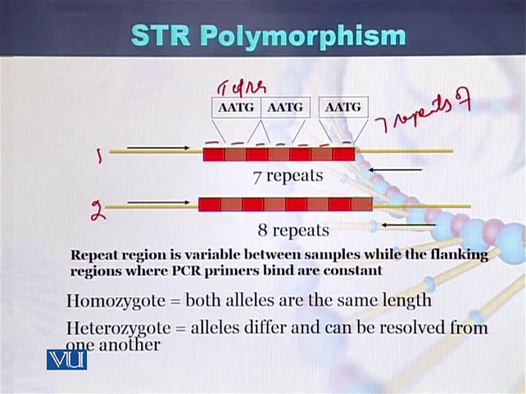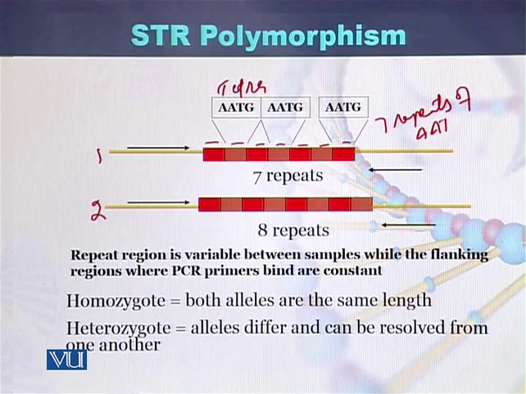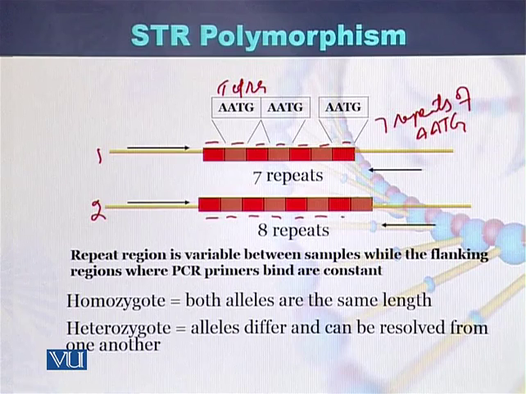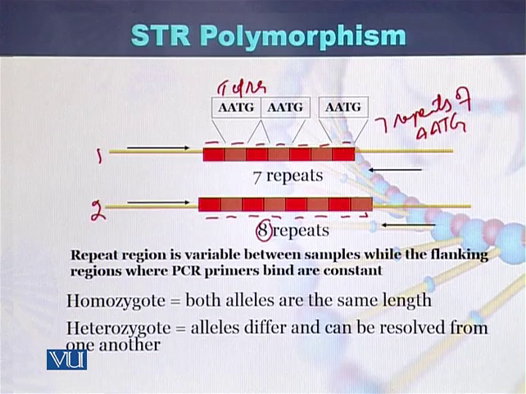in individual number 1. In the case of individual 2, there are 8 repeats: 1, 2, 3, 4, 5, 6, 7 and 8. So these are heterozygous, because on one allele there are 7 repeats, while on the other allele there are 8 repeats.